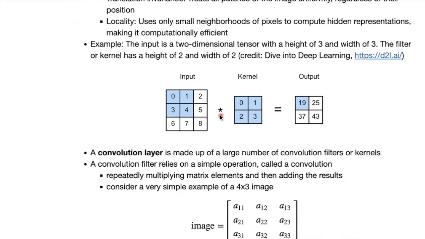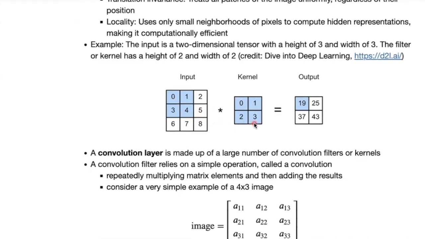convolution operation. So the way you do this is that you take this kernel, you put it on the very top left corner, and you start doing element-wise multiplications and then add everything together, right? So in this case, you're going to multiply 0 by 0, 1 by 1, 3 by 2, and 4 by 3, right?